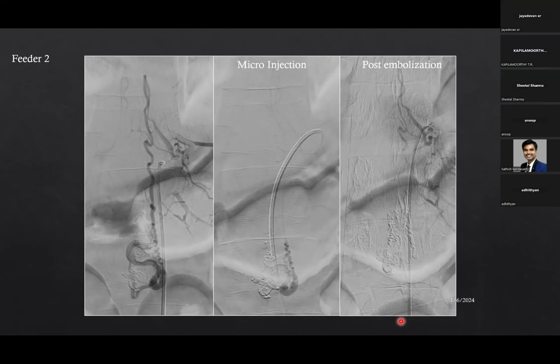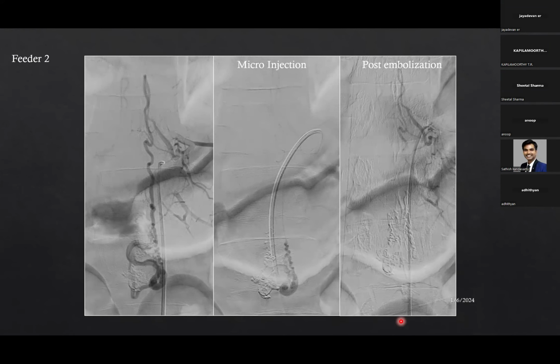In the first sitting of embolization, because we wanted more percolation, we used Squid rather than glue. So this is after the first sitting of embolization. The second sitting was done after a span of 1 month. So this is an angiogram showing the residual 2 feeders which were still not embolized.